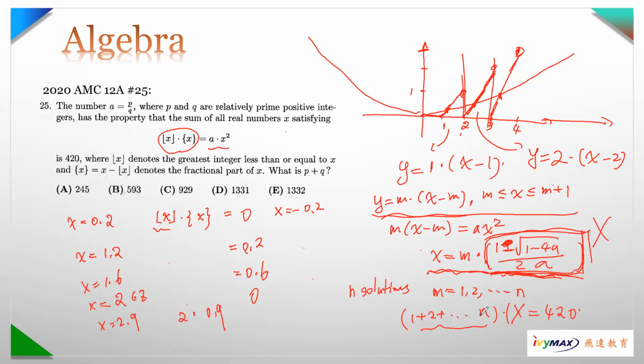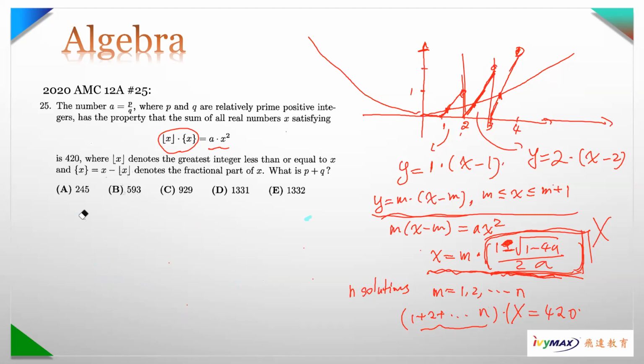I will erase the example on the left. Okay, I can write this part as n times n plus 1 over 2 times this big X equal to 420.